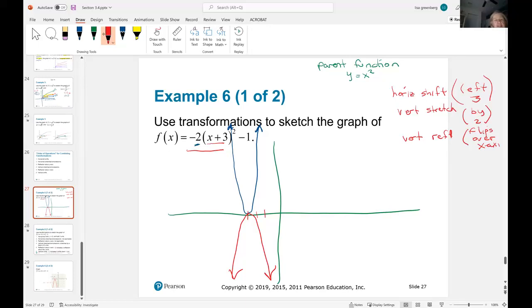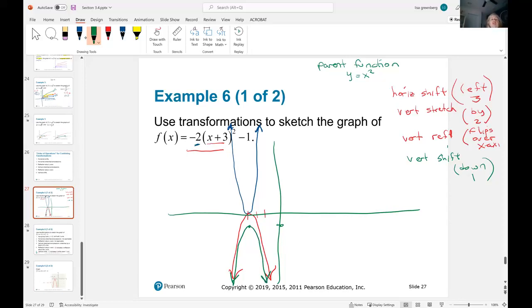Now the last thing I have to do is my vertical shift. So it's -1, so it's down 1. So now that same graph keeps its same shape, it just goes down 1.